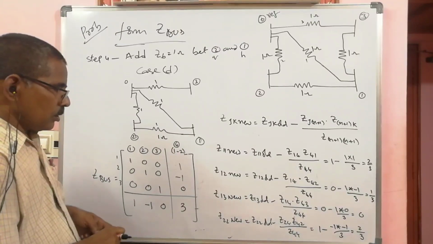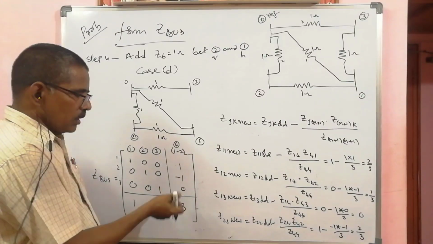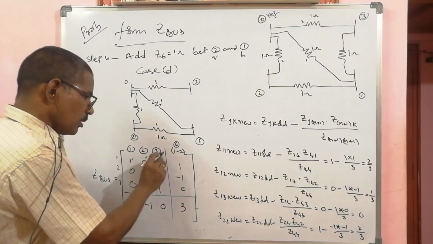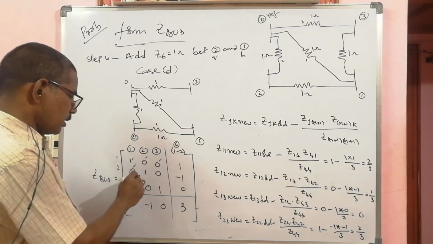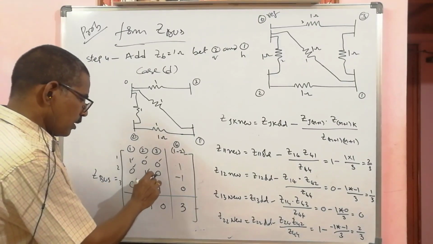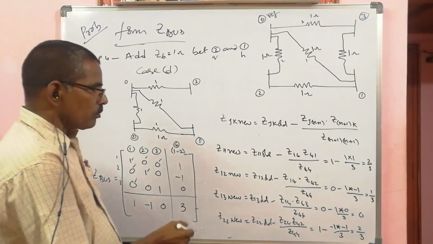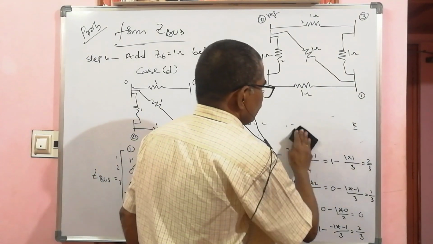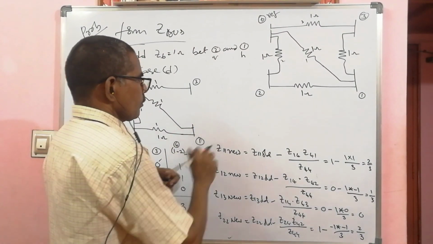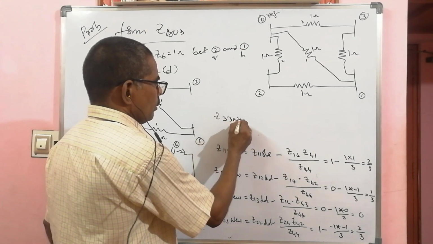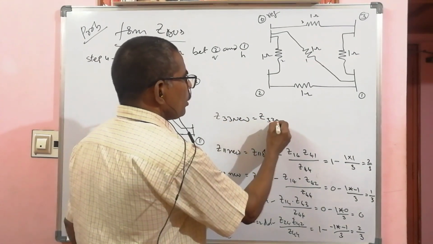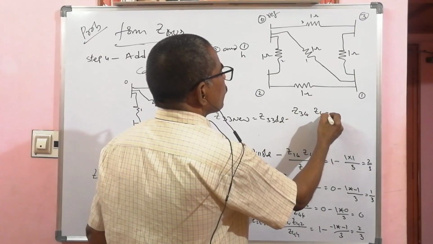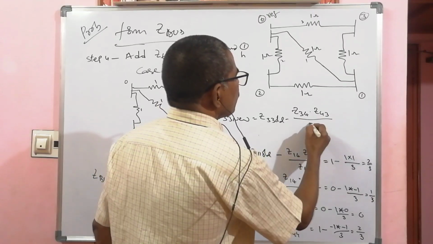Okay. So likewise you calculate the others. What are required? This is over, this is over, this is over, Z13. Once this is there, this is also there, this is over. This and this. What is Z33 new? Z33 new is Z33 old minus Z34 Z43 divided by Z44.